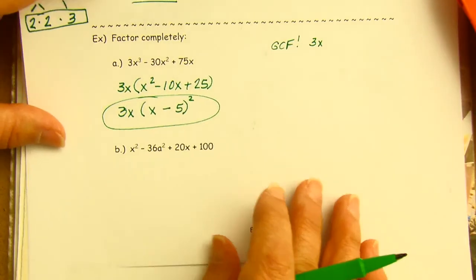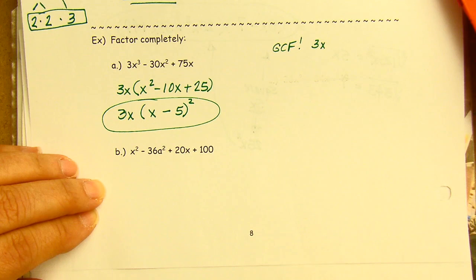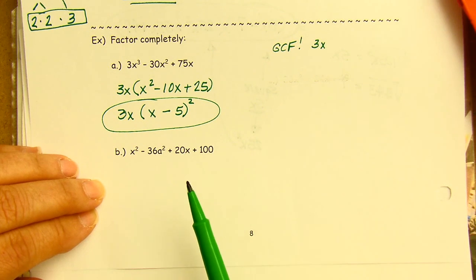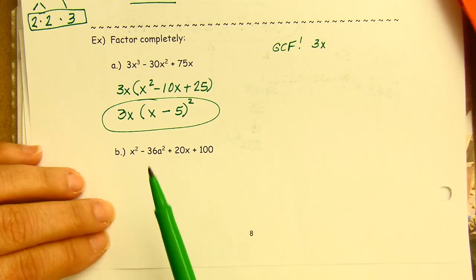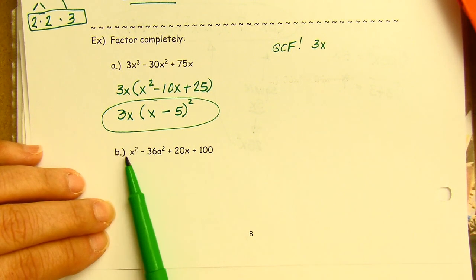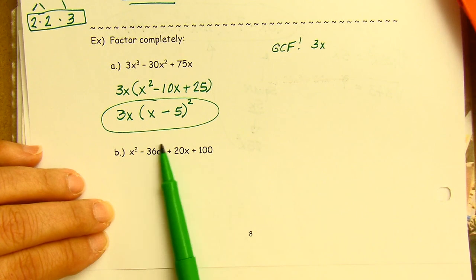Okay, the last one, a sort of challenge problem. You should notice something different about this polynomial with 4 terms. Here I have a quadratic variable x, and here I have another quadratic variable a.